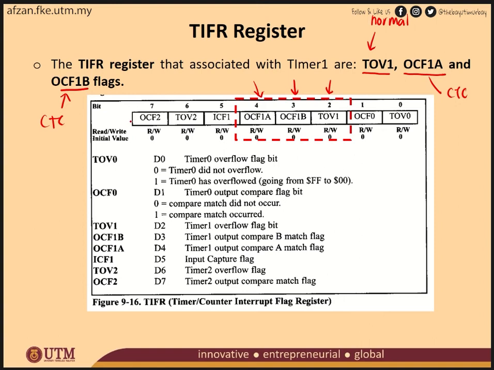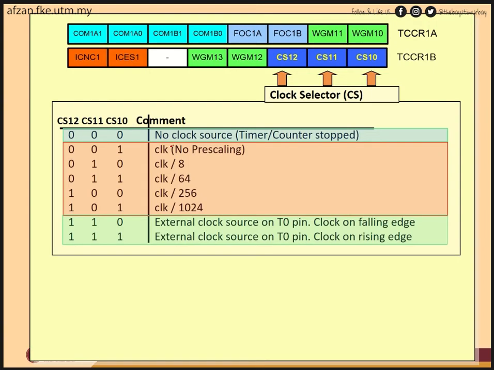And last but not least, the TCCR control register settings that you need to know. Since your TCCR consists of TCCR1A and TCCR1B, we just need to look at this. For TCCR1B you need to look at this bit here. I'll draw it here.